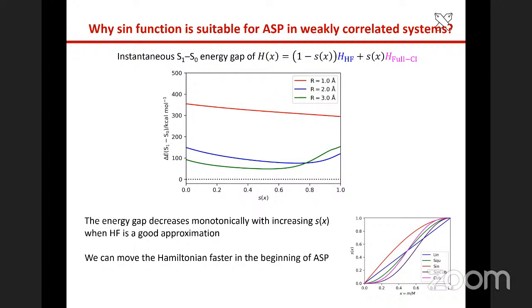So it means that we can sweep the Hamiltonian fast in the beginning of the adiabatic evolution. The sinusoidal function has exactly such a structure. In the sinusoidal function, we can change the function value rapidly in the beginning of ASP. So this is the reason why the sinusoidal function gives the best performance.